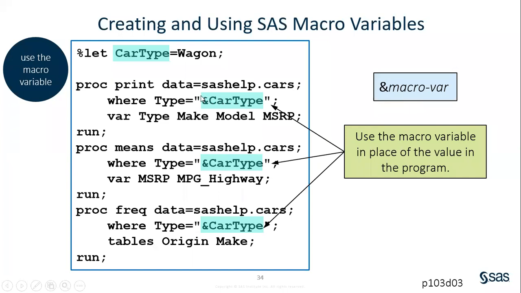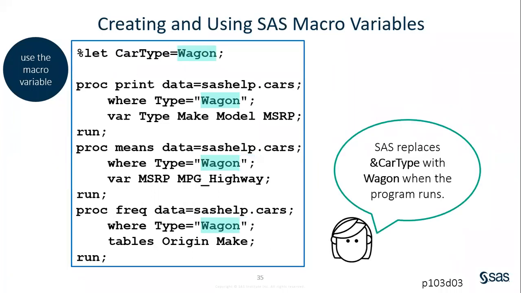If you omit this ampersand, it will treat this as a value which is available in your type column, and it may give you an error or warning. So it's better to represent this macro variable preceded with an ampersand sign. And hence it will represent like this. So SAS replaces ampersand car type with wagon when the program runs.